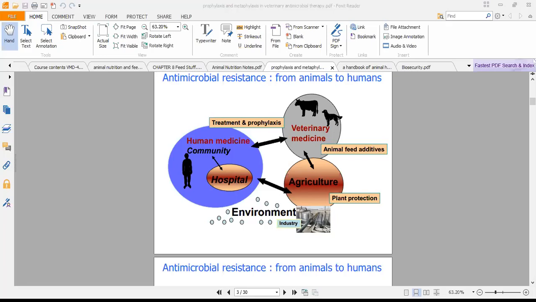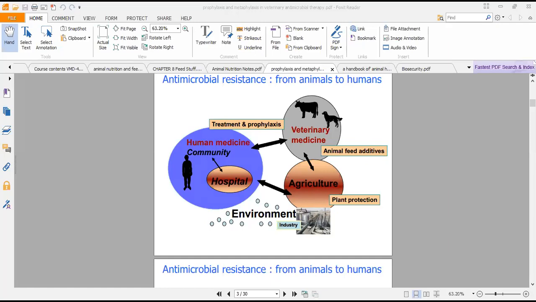They can be from industry, or there can be some environmental pollutants, or some veterinary medicines which are being used as animal feed additives, and human medicines which are being used at hospital level in human beings. So this is some sort of a cycle of movement of antimicrobial resistance from animals to humans. So the base is this point.